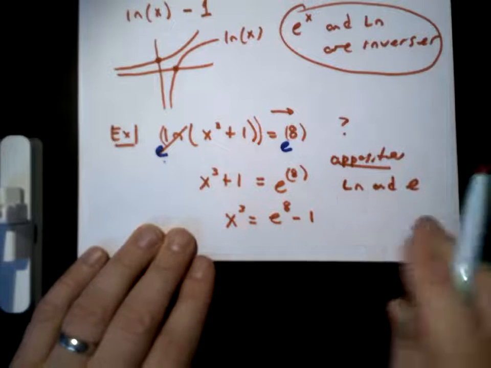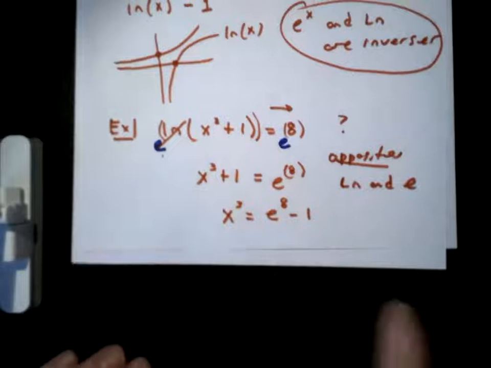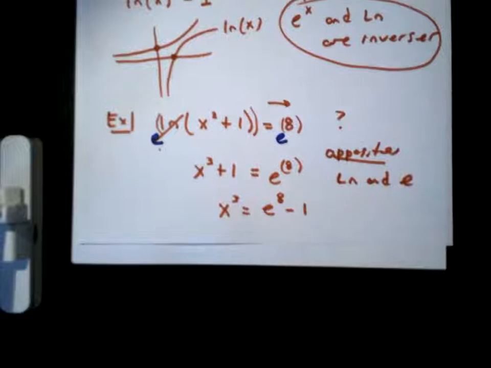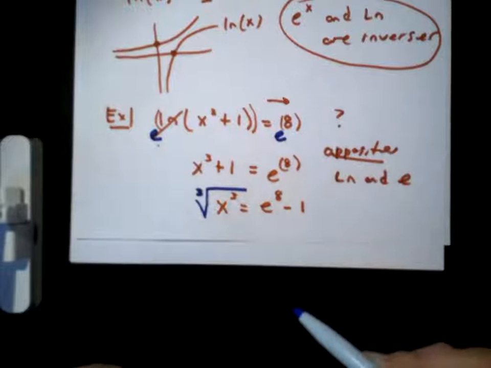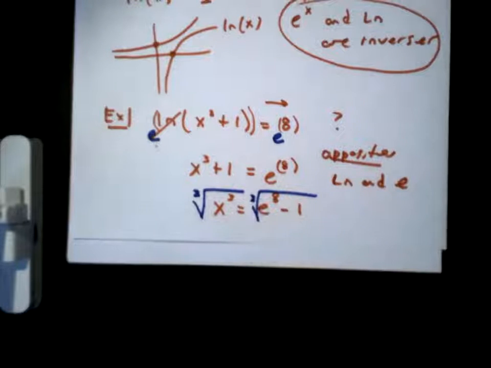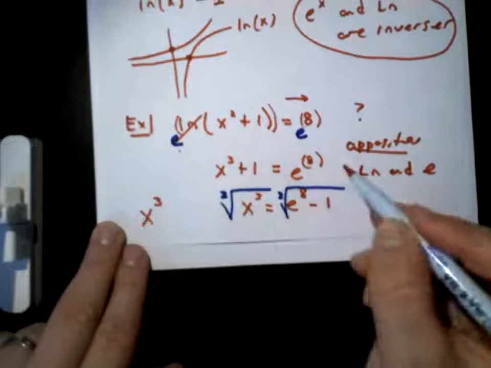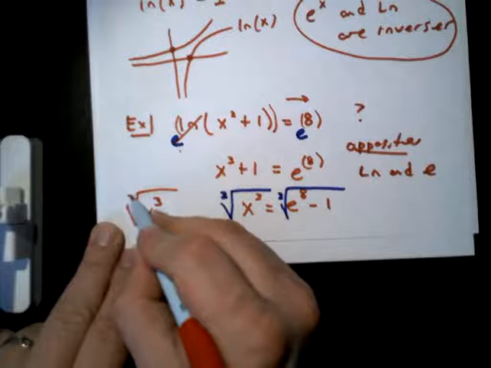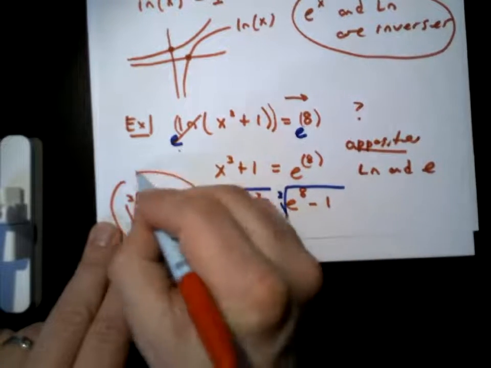And now you're probably thinking, how can I get the x by itself? Well, if this is the third power, you can take the cube root. Because remember, if you had x to the third, if you take the cube root of it, that's just x.